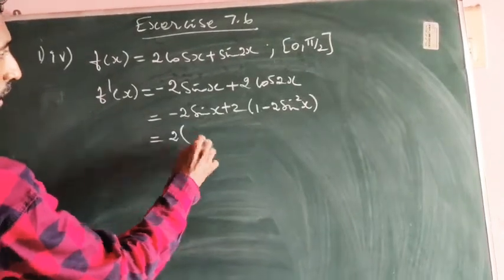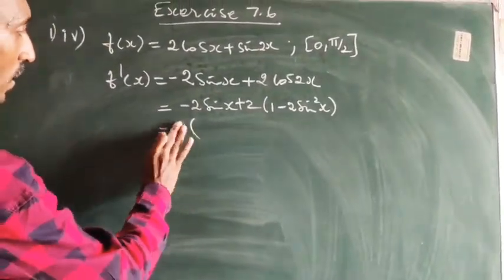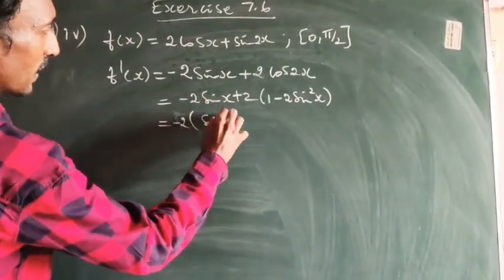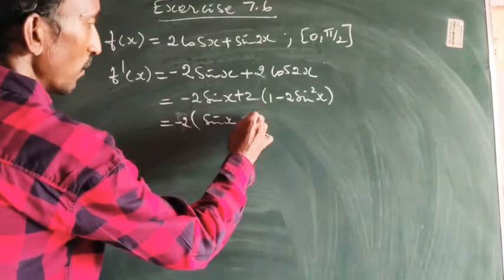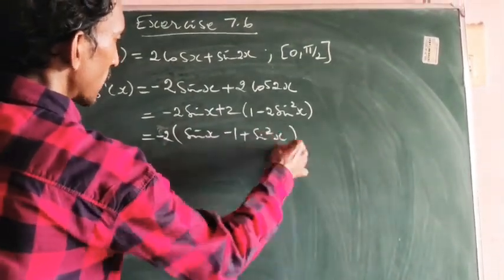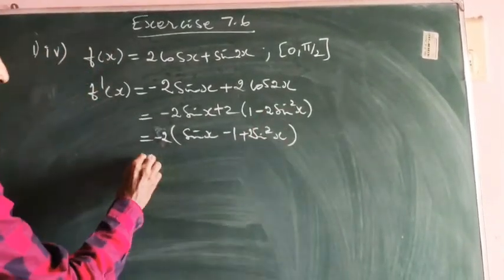Or we can take minus 2 outside. Minus 2 sin x becomes minus 1 plus sin square x, my 2 sin square x.